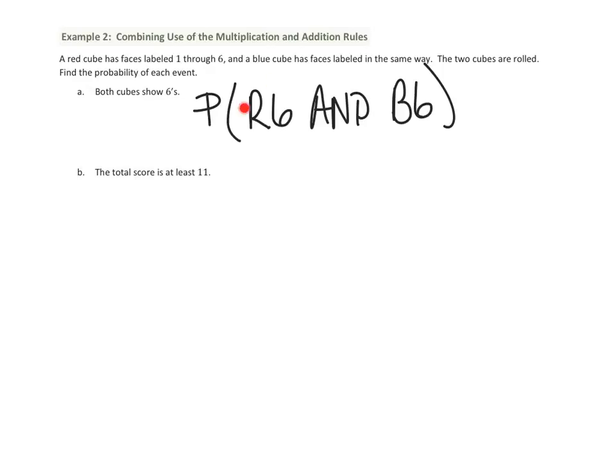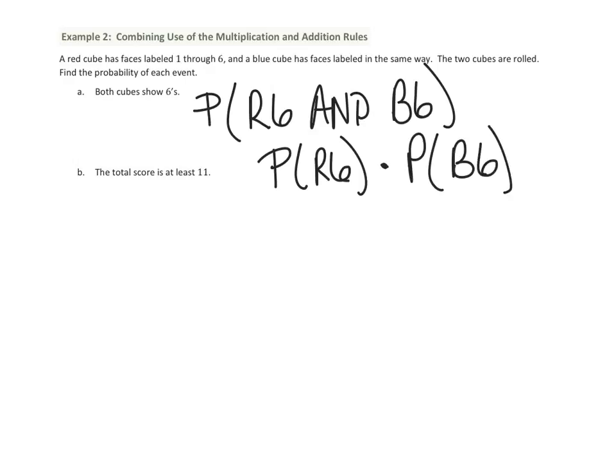So the probability of "and", as long as they are independent events, means I can take the probability of a red 6 times the probability of a blue 6, as long as they are independent. Well, does the red cube affect the outcome of the blue cube? Of course not, so they are independent. So the probability that I see a 6 is 1 out of 6 times 1 out of 6 for a total of 1 out of 36.